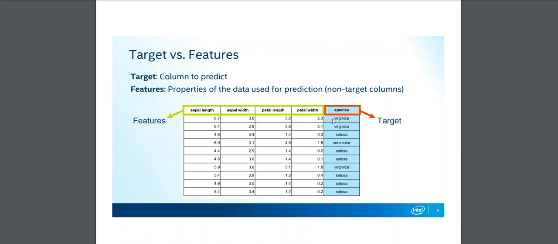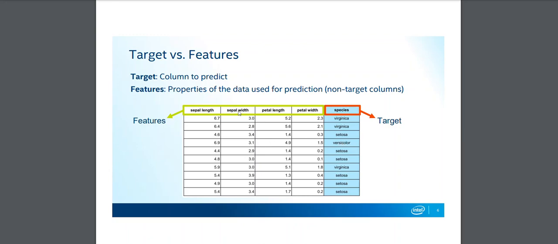So supervised, we have known values. We say, all right, we're going to predict based on these measures whether it's going to be Virginica or Setosa or Versicolor. And with what we're going to talk about here coming up, the system will look at these values and learn based on existing classifications what's important and what's not important.